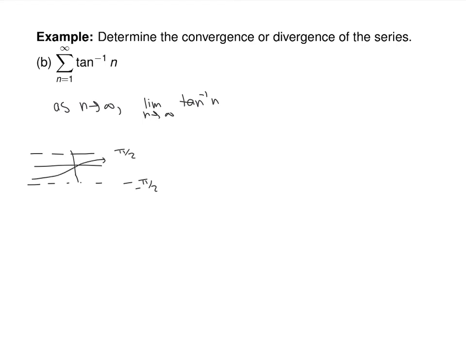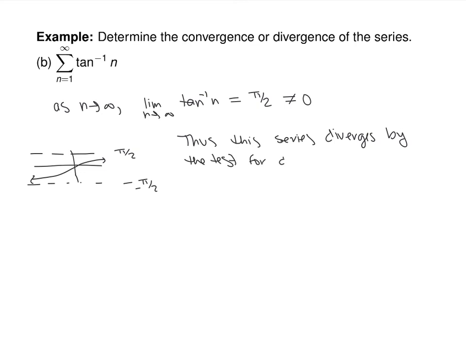And as n goes to infinity, the value of inverse tan goes to pi halves, which is not 0. And so thus, this series diverges by the test for divergence.